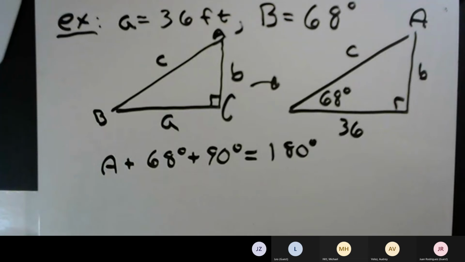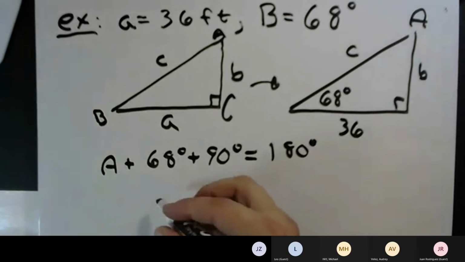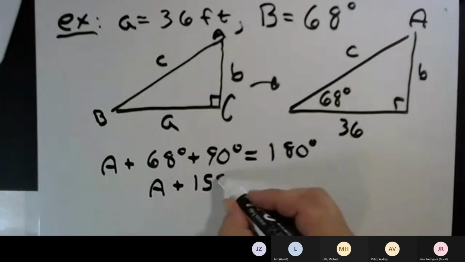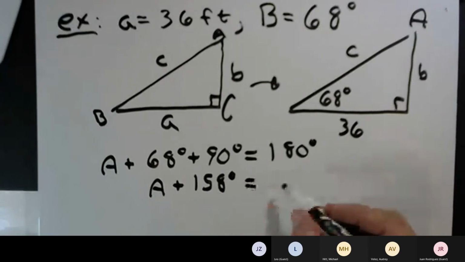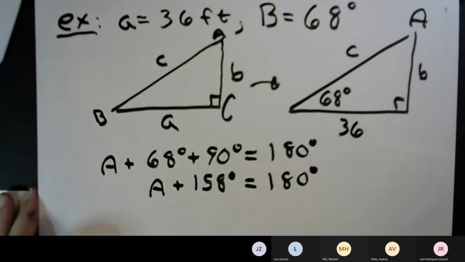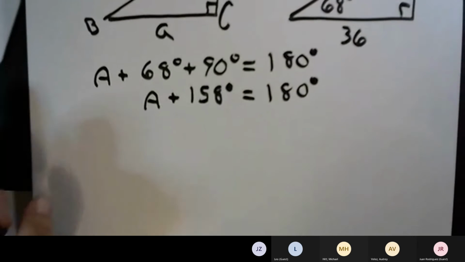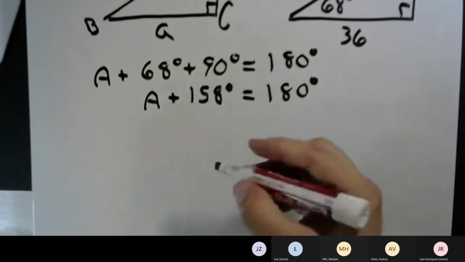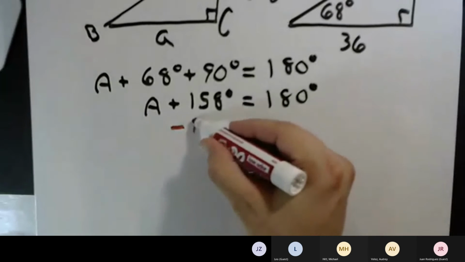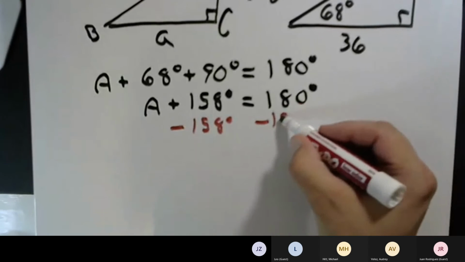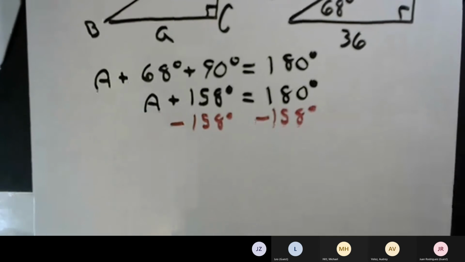If we add 68 and 90, we get A plus 158 degrees equals 180 degrees. Subtract 158 from both sides.